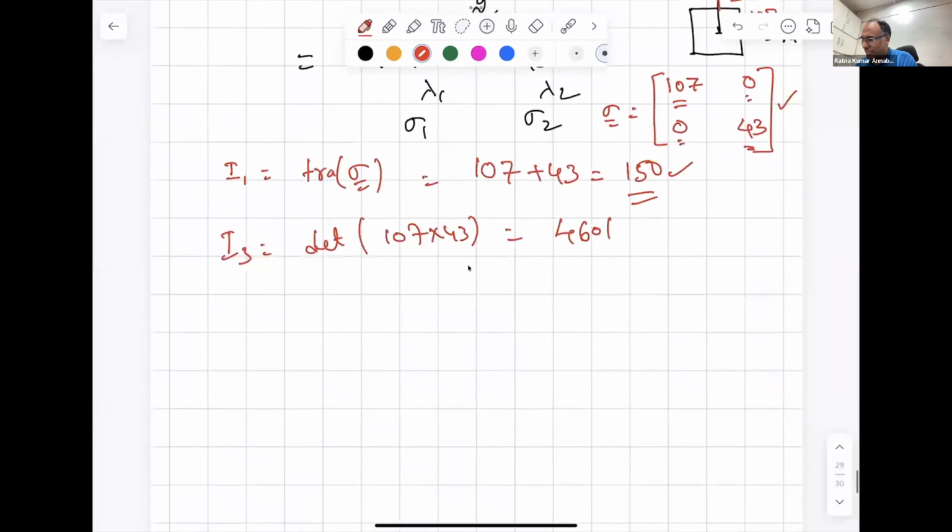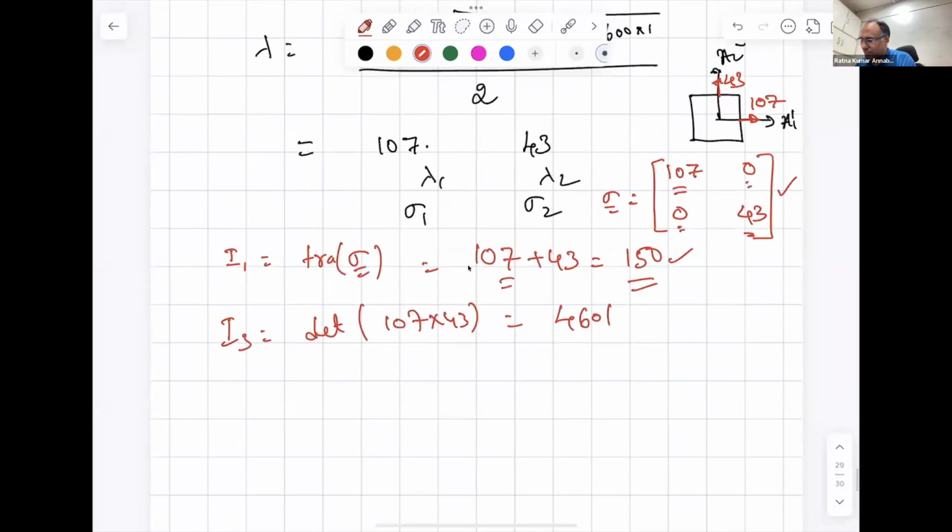The 01 is coming because we have rounded off here. Otherwise it would also be the same. If you had taken 107.02 and 42.98, it would have come exactly 4600. Similarly, I2, if you calculate, will remain the same.